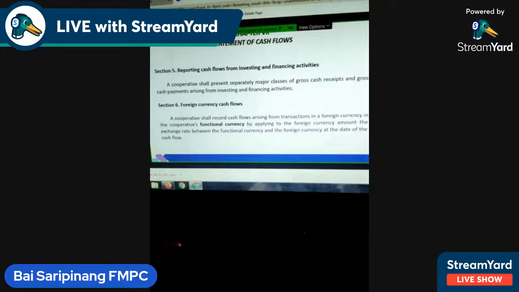On the reporting of cash flows from investing and financing activities, you shall present separately the major classes of gross cash receipts and gross cash payments. Also, if you have foreign currency cash flows, you shall record cash flows arising from transactions in foreign currency in the co-op's functional currency by applying to the foreign currency amount the exchange rate between the functional currency and the foreign currency at the date of the cash flow.